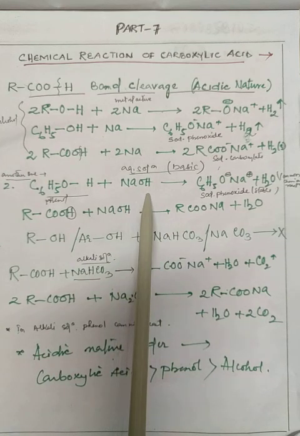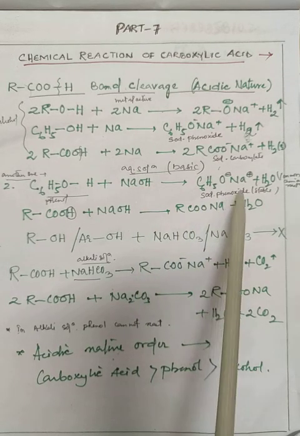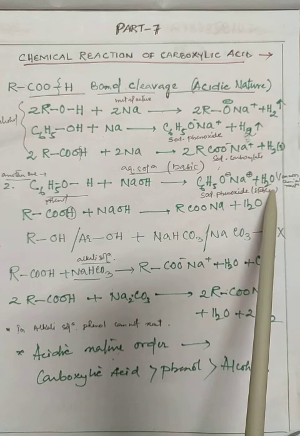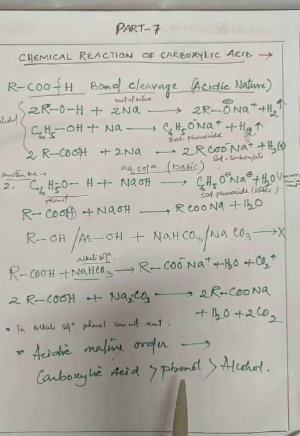This sodium hydroxide is an aqueous solution in basic medium, and we get sodium phenoxide with water. This is the common reaction, and this sodium phenoxide is a stable product.